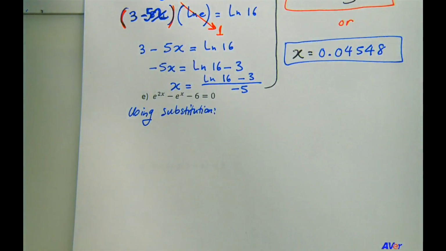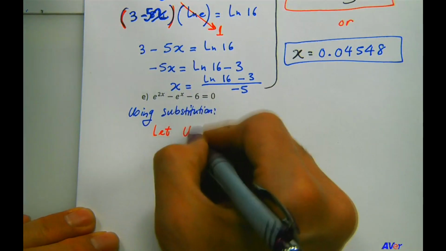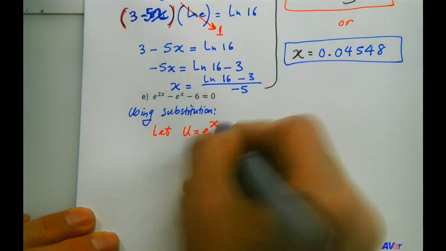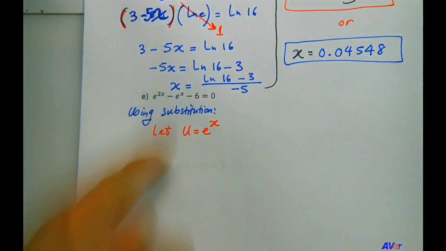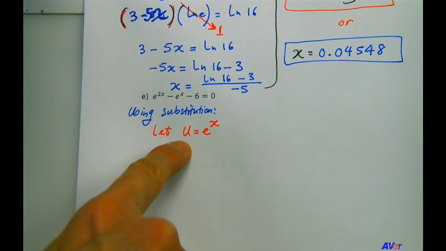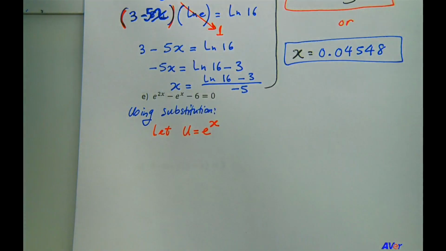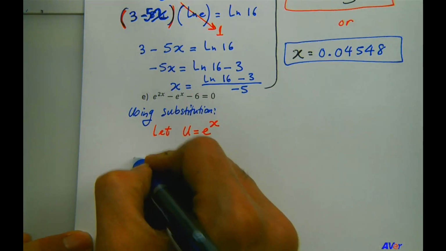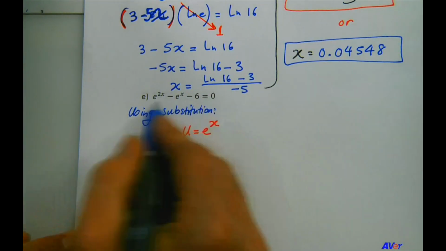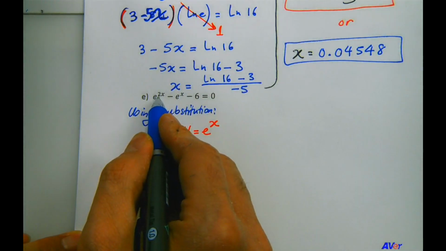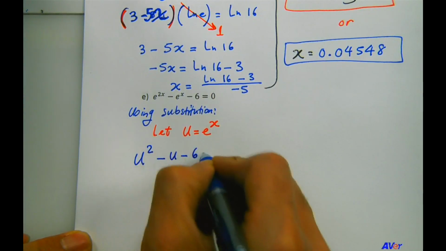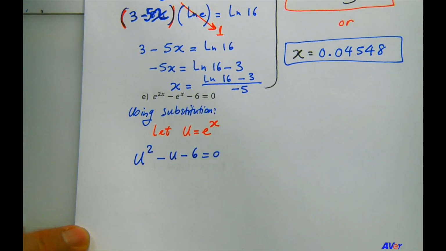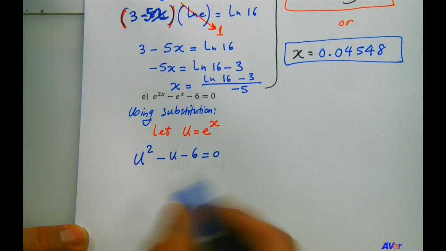Using substitution, let u be e to the x. So we take e to the x as u. Now let's replace back into that equation with u equaling e to the x. So e to the x squared is u squared, that first term, minus u minus 6 equals 0. So now we have a very simple quadratic equation to work with.